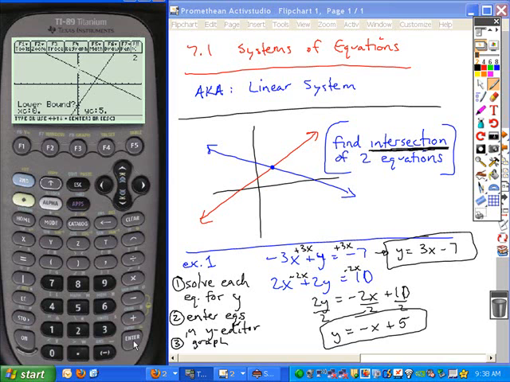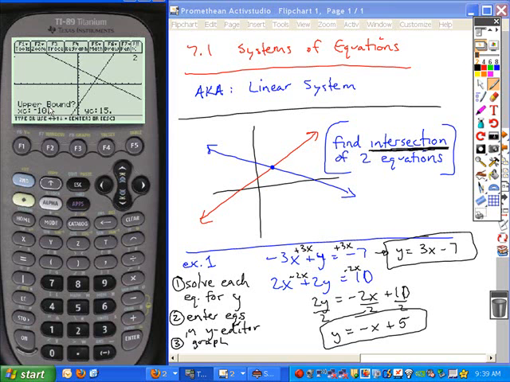Just pick the furthest left point on your window, which is, what's the minimum x value? Negative 10. So type in negative 10. You don't need to worry about the y coordinate. Just hit negative 10, enter. Okay, so there's our lower bound.